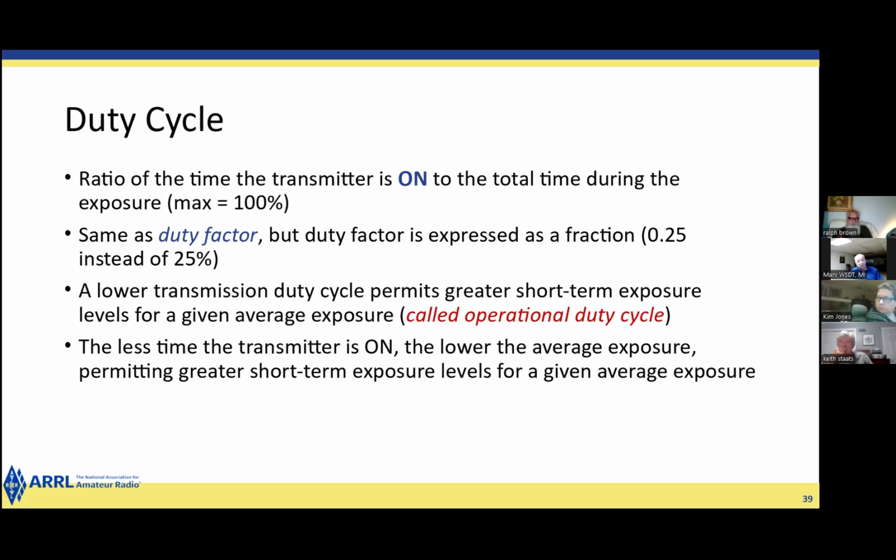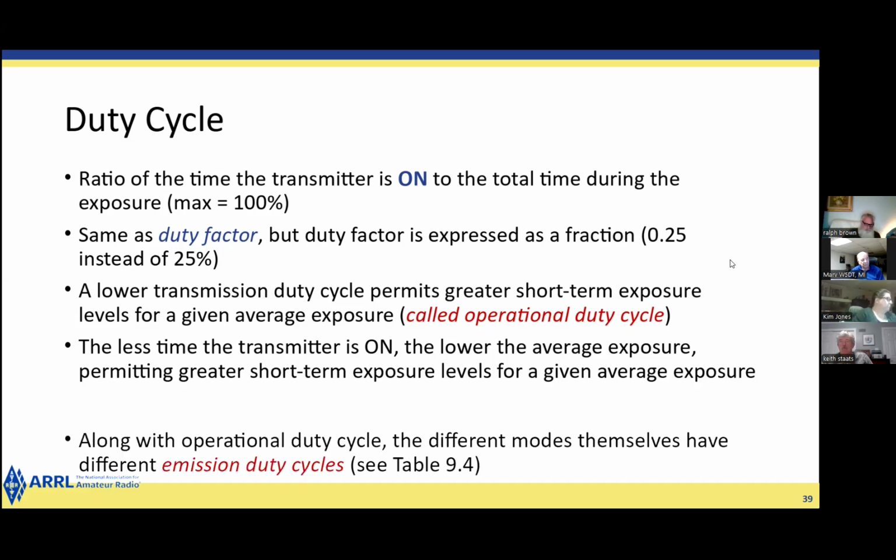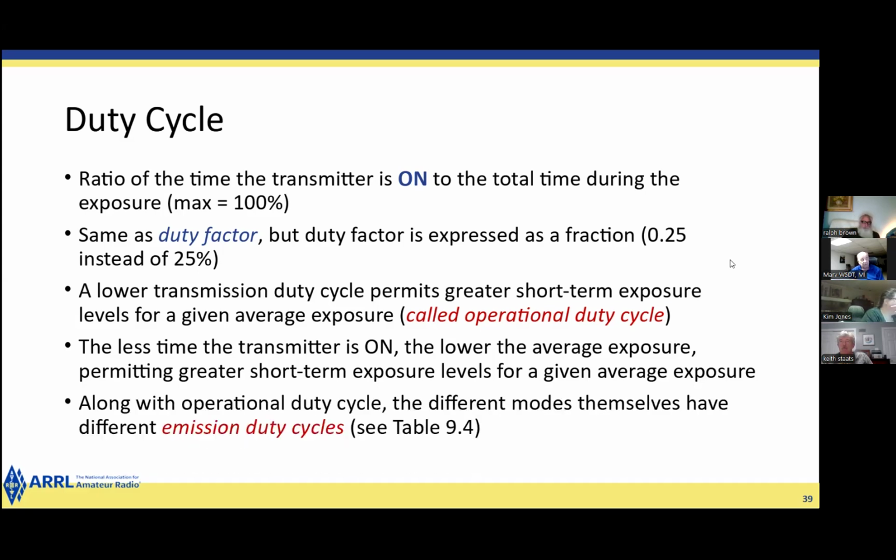Now remember, we're talking about what's coming off the antenna, not what's coming off the transmitter. So if you're sitting in your shack and your transmitter is on, we're talking about what's coming from the antenna, which is at some distance from your transmitter, one would assume.